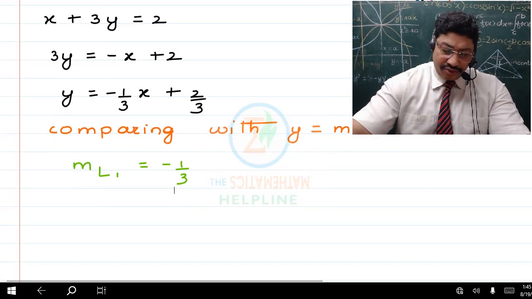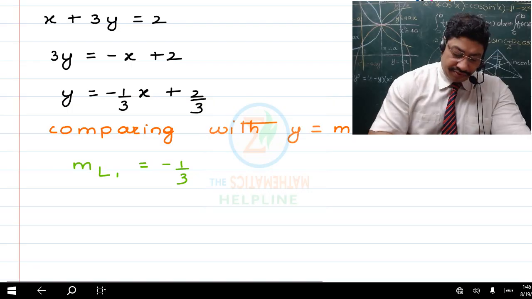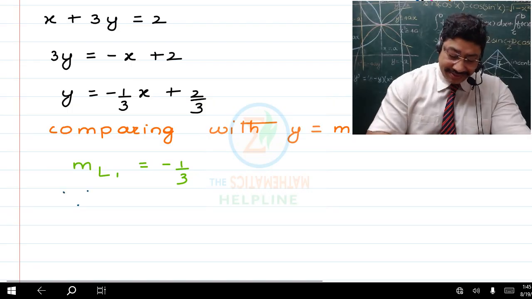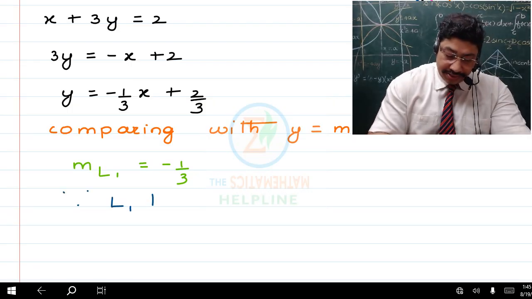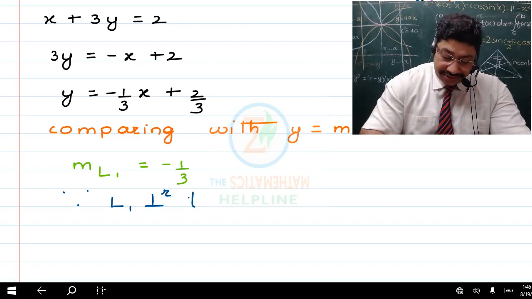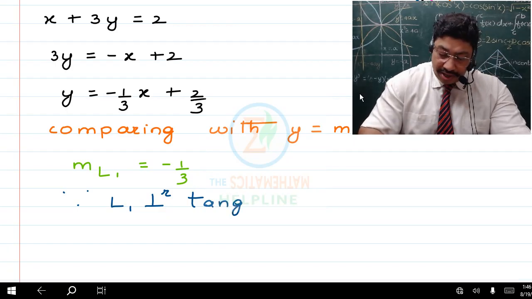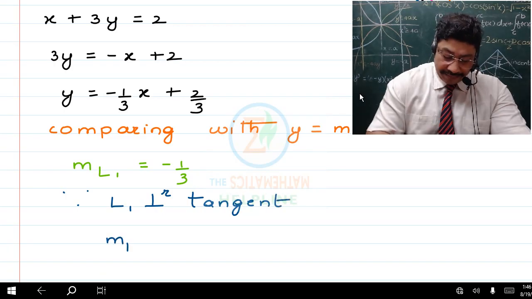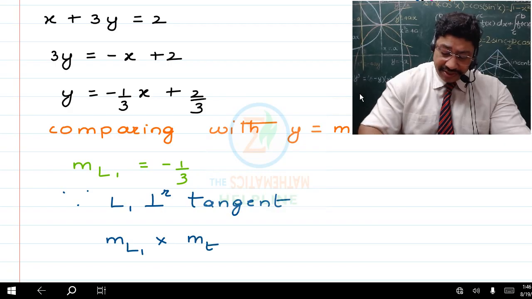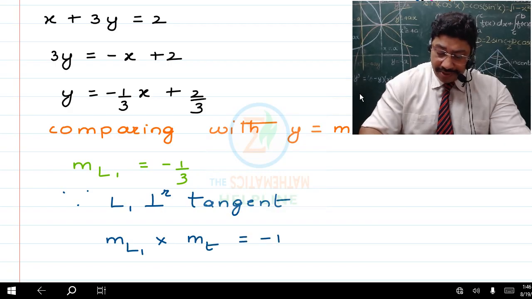And next, children, you will write this: as both these straight lines are perpendicular, that is, since L1 is perpendicular to the tangent, if we now talk about the product of the slopes of this line L1 and the slope of the tangent, that will become equal to minus 1.